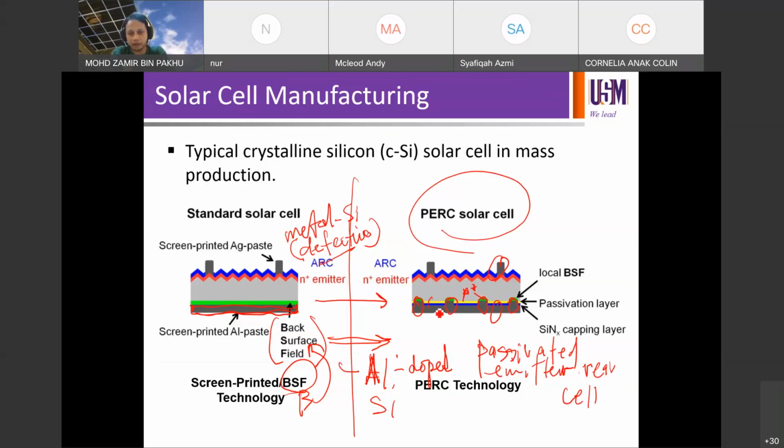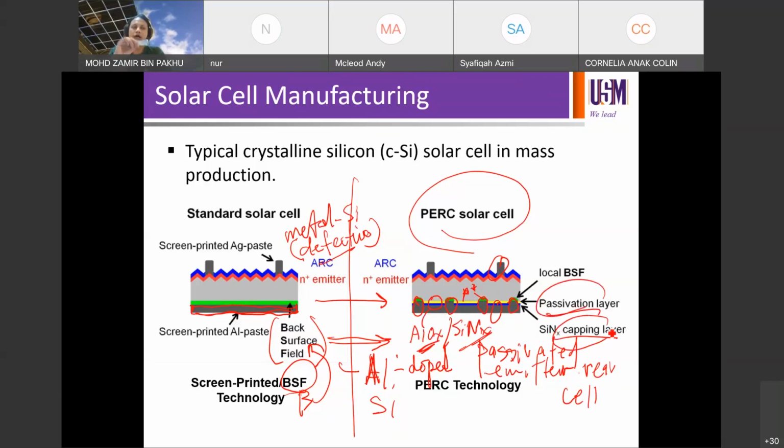And then the blue and the yellow here are aluminum oxide and silicon nitride layers, which serve as a passivation layer. Passivation and capping, right? AlOx and nitride at the rear side.